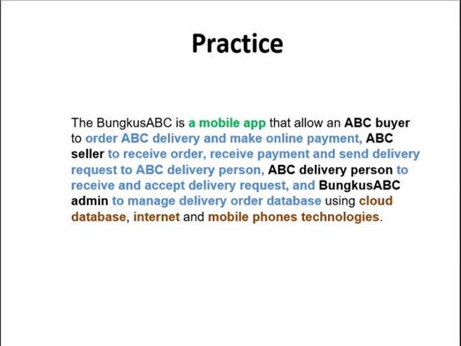So that means the function is completed for the user, because the objective that they want to achieve is to order the delivery. So whenever the system displays the order has been sent, it means they have successfully ordered the ABC. Okay, got it?